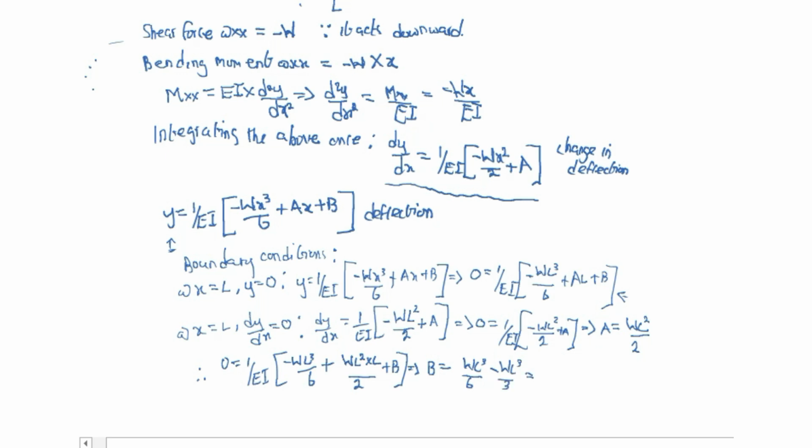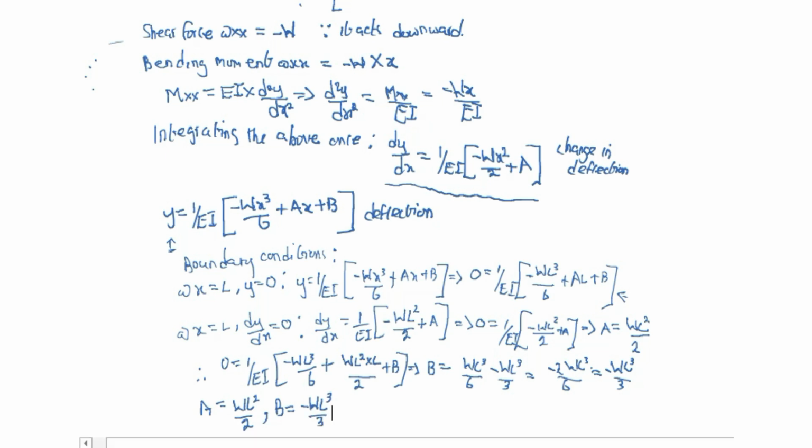Solving this would arrive with the fact that negative 2 WL cubed over 6 is equal to negative WL cubed over 3. So finally, we have that our constants A is equal to WL squared over 2 and the other B is equal to negative WL cubed over 3.